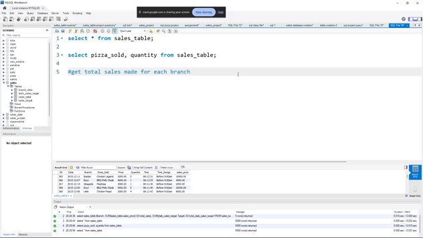Like Ibadan branch, for the whole period, how much did they make? In Bagada, for the whole period, how much did they make? That's my question. So what will I say?